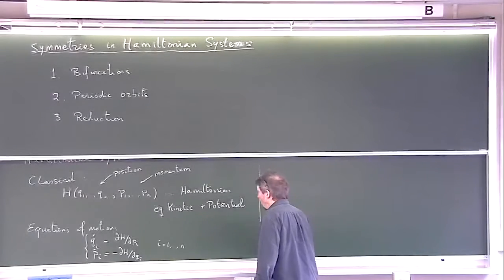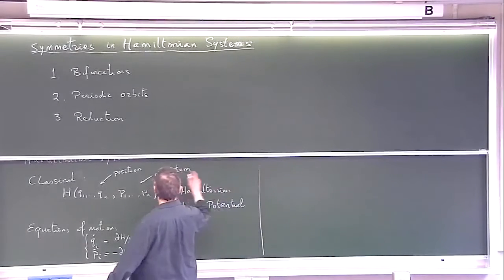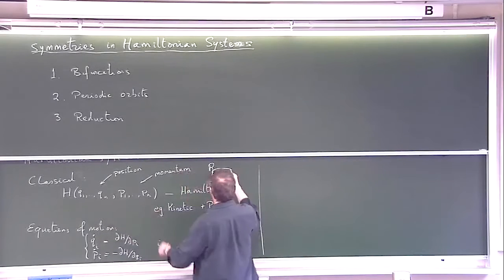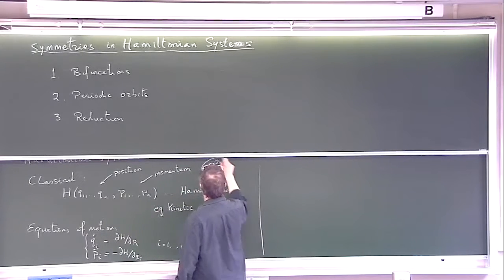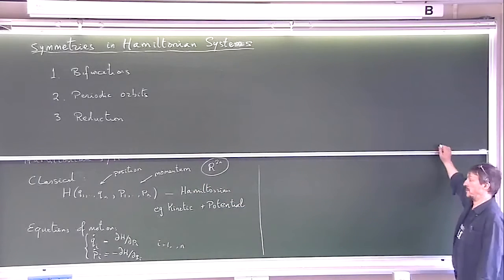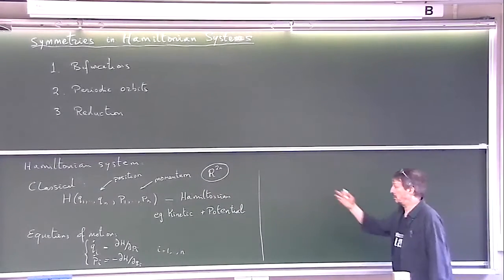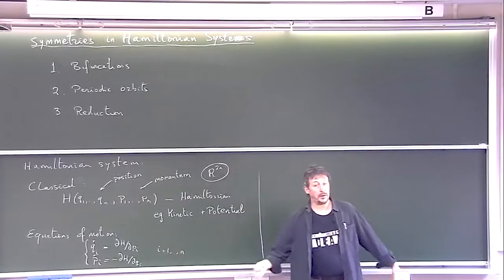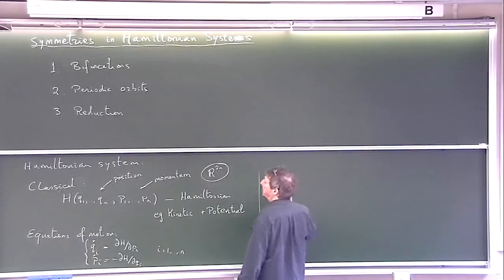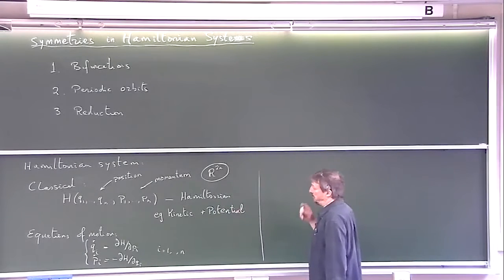So this is 2n variables, and the phase space is R^2n. There are many examples where the phase space is not a vector space, but a manifold, and we'll see some examples later on.